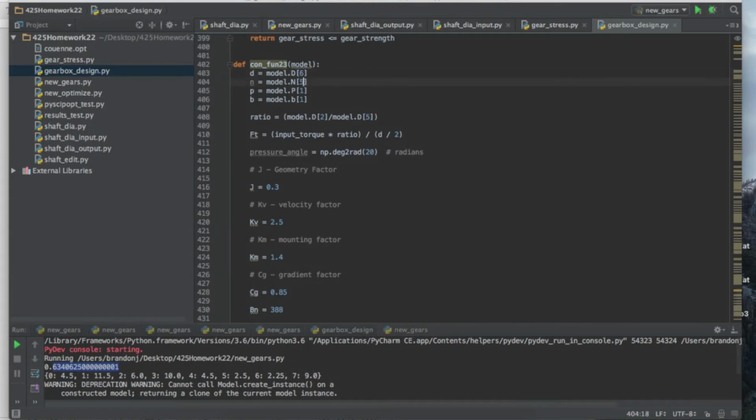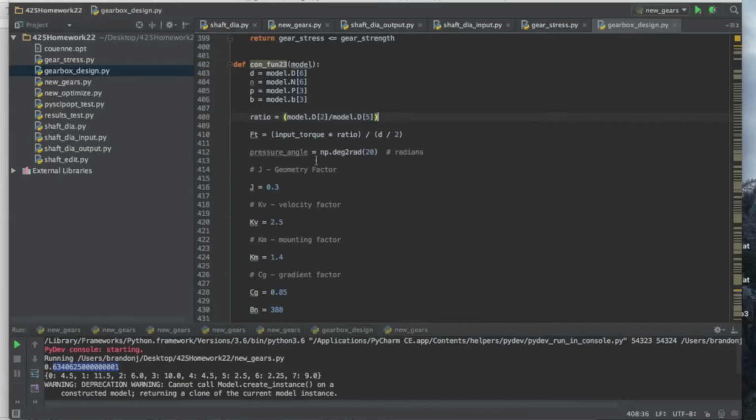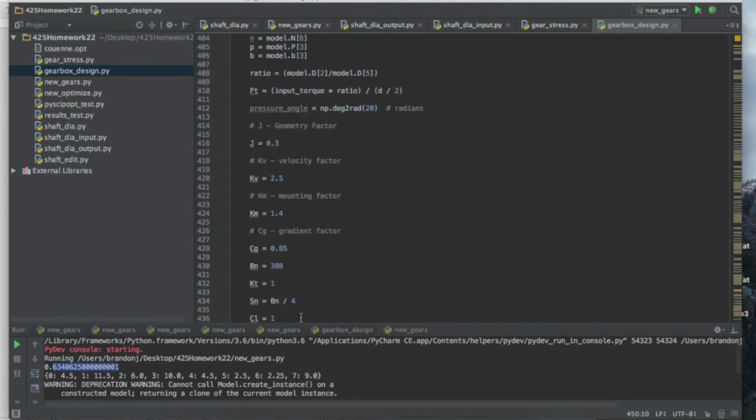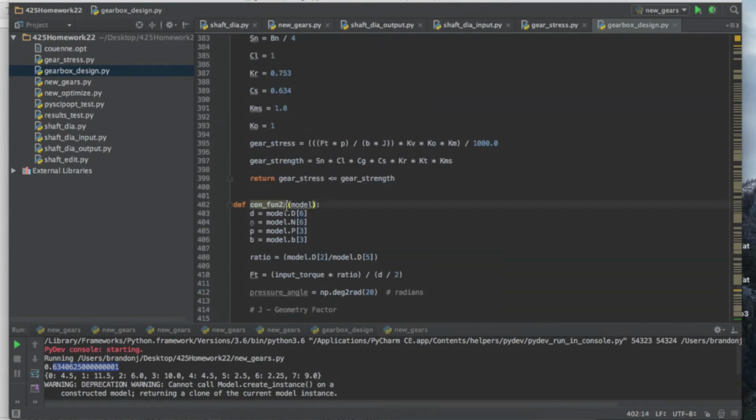Now we're doing gear 6. This has pitch and face width of 3. The gear ratio on 6 is the same as D2 over D5. Same thing there. No surprises. And that was function 24.